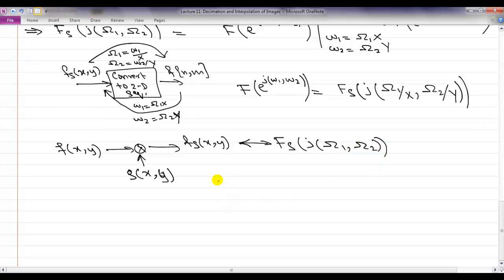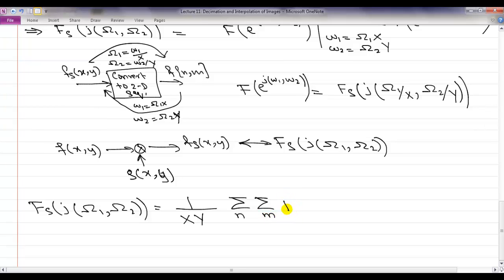If you remember, what we derived last time was that the Fourier transform of this impulse sampled or comb sampled 2D signal is simply a scaling of the amplitude by 1 over XY, and you get multiple copies of your original Fourier transform given by F(j(ω1 minus 2π n over X), (ω2 minus 2π m over Y)).